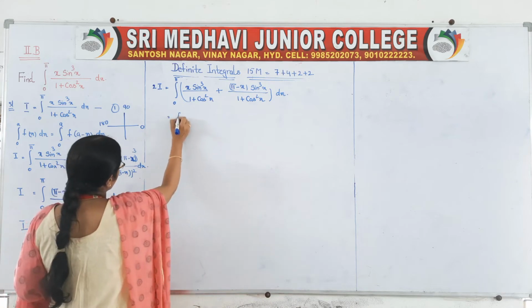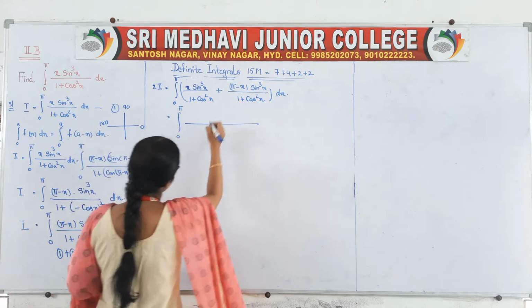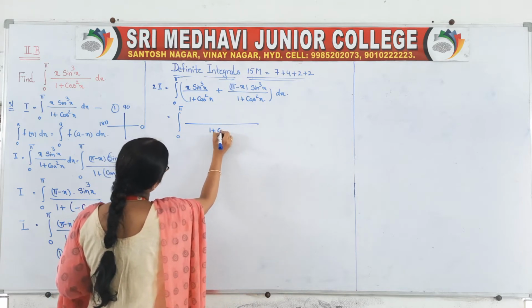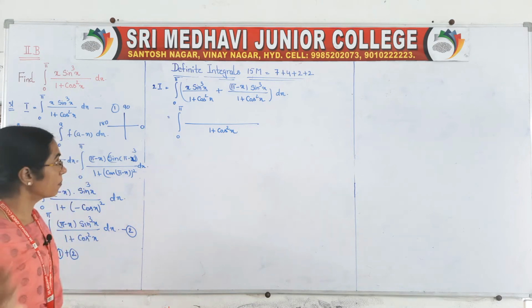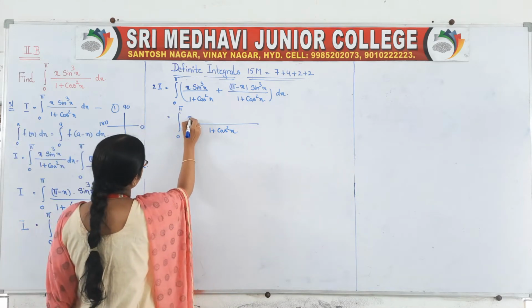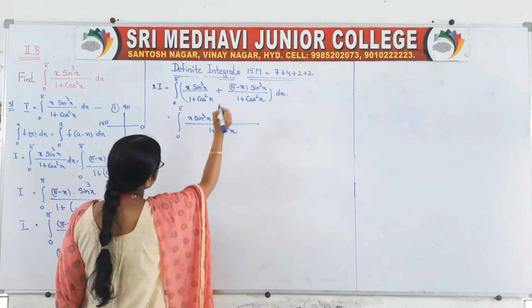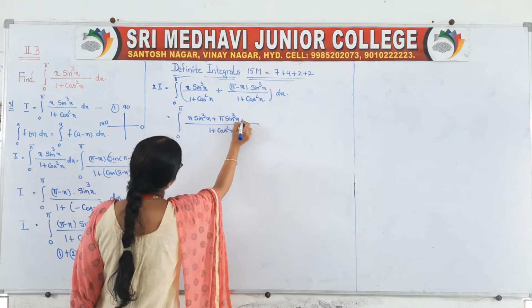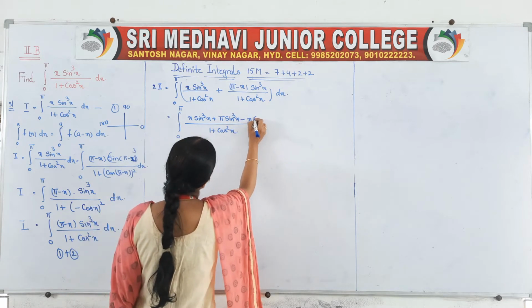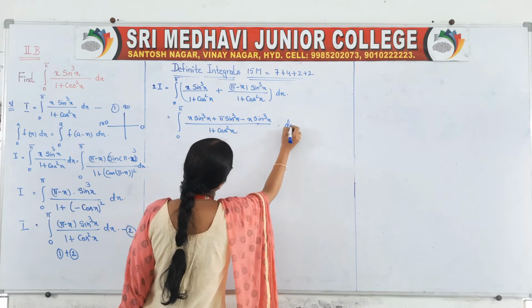So it is equal to integral 0 to pi, taking the LCM. The LCM is 1 plus cos square x. Here x sine cube x, open the brackets, it is pi sine cube x minus x sine cube x into dx.